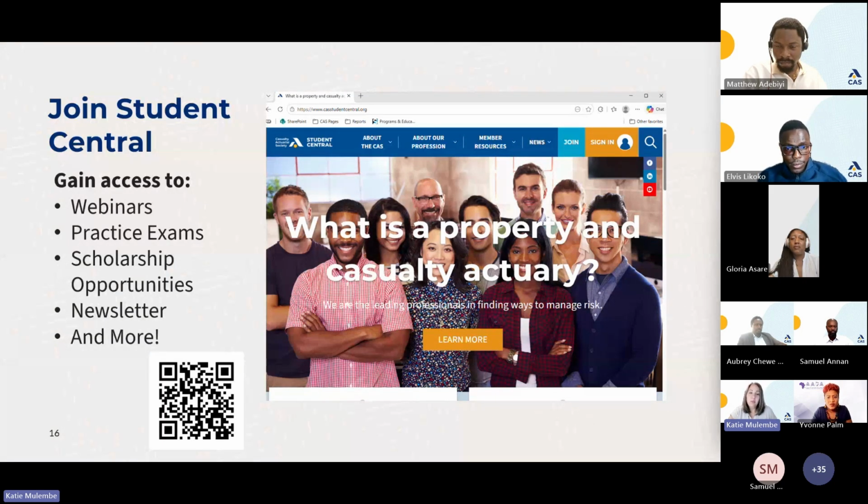If you're not already a part of it, I encourage you to join. It's a free membership where you can gain access to webinars, practice exams, learn about scholarship opportunities, and get on our mailing list so you hear all the updates. There's a QR code there, which you can scan and join. It's also easily searchable on the CAS website.